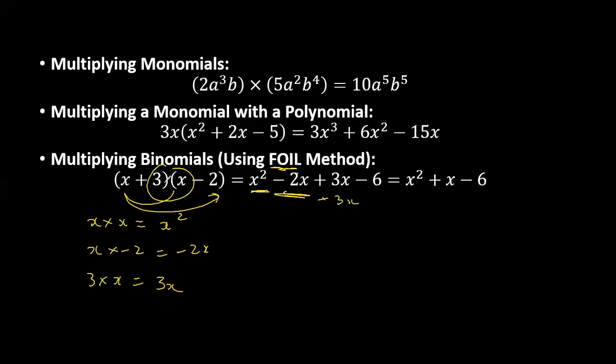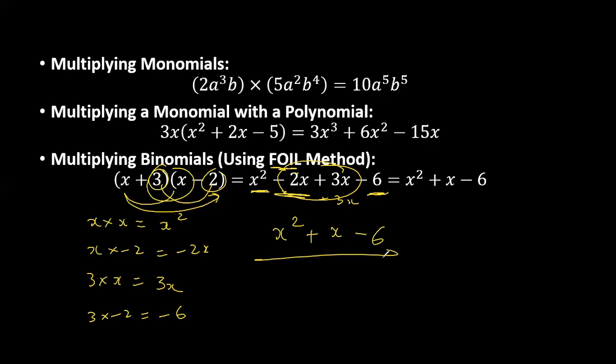And L are the last terms. So 3 times negative 2 is negative 6. So you put it over here. Now, if you observe carefully, this negative 2x plus 3x, they are like terms. So what can we do? We can just solve them. Negative 2x plus 3x is nothing but positive 1x. So you can just write it as x minus 6. So this will be your answer.